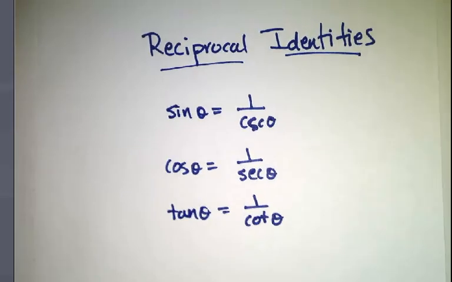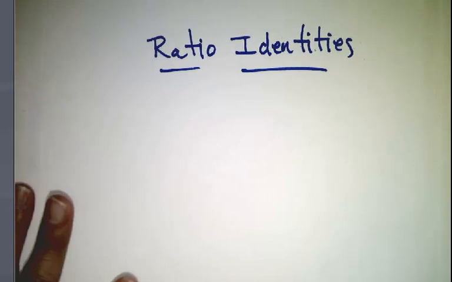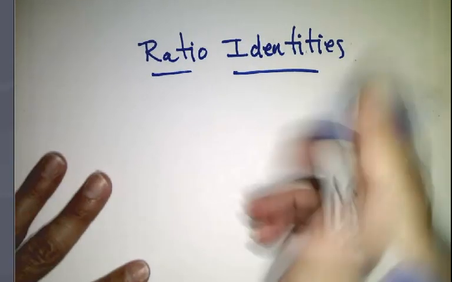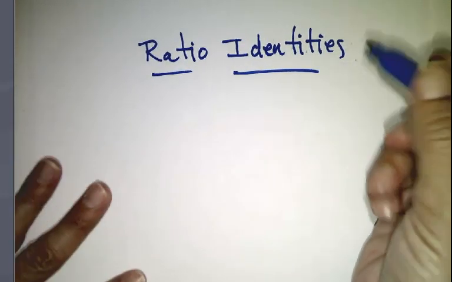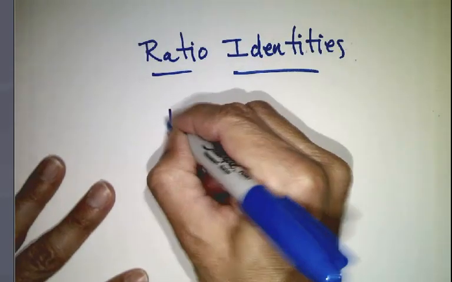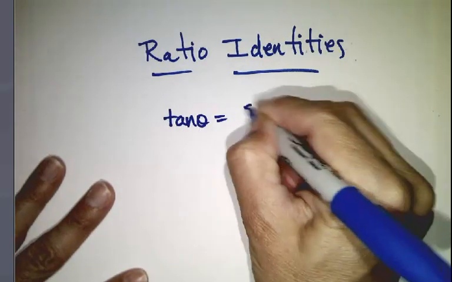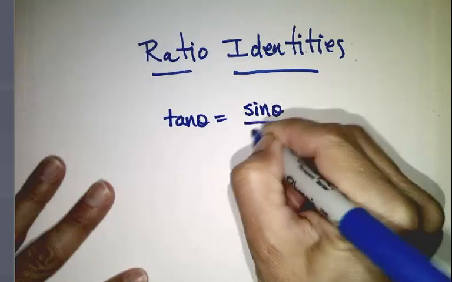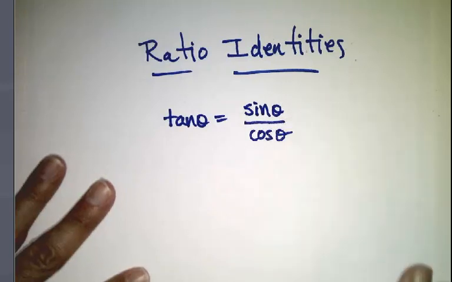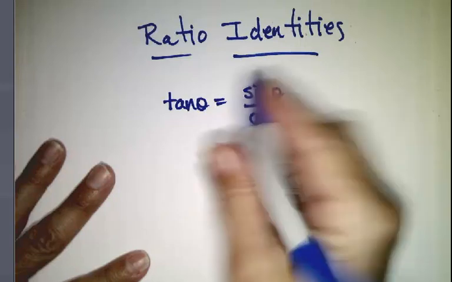We also have what's called the ratio identities. Those are the identities we get from taking the ratio of some of our trig functions. So the first one, tangent of theta, is equal to sine theta over cosine of theta. Some of these we should already know.